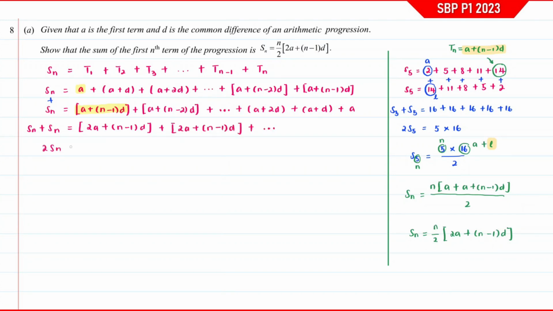So 2Sn is equal to n times (2a plus (n minus 1)d). Then Sn will be n over 2 times (2a plus (n minus 1)d).